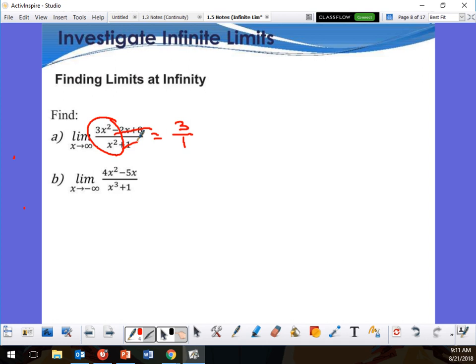So with the x squared and x squared, so infinity squared and infinity squared, they're both going up at the same rate. Okay? So if it's going up at the same rate, the x squared over x squared, the infinity squared over infinity squared, will cancel out, and I'm just going to be left with my coefficients, the numbers out front. So I'm going to be left with 3 over 1 in this case.